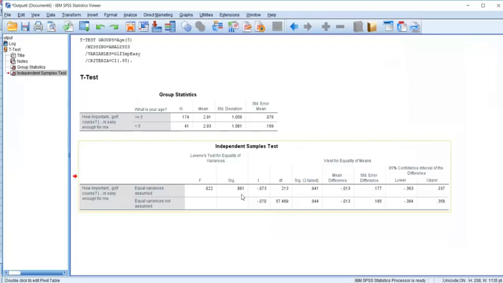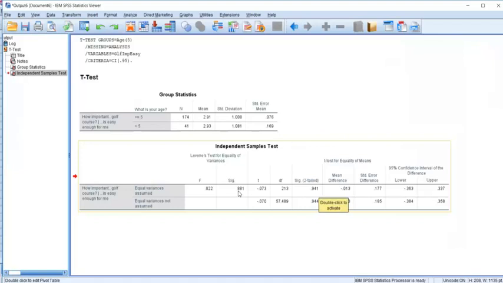So we know that a significant value is less than 0.05, so this is above 0.05, 0.881. If it is above 0.05, you look at the above row. You can assume equal variances, and this is the significance, the 0.941, that matters to you.